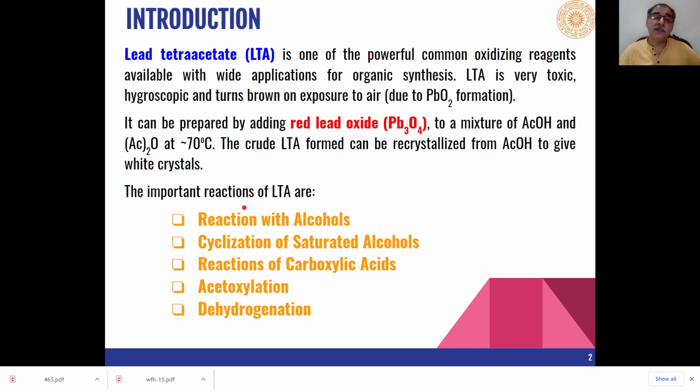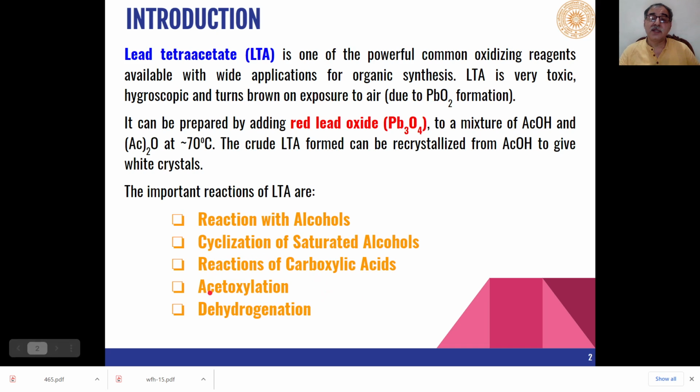The important functional group transformations which take place using lead tetraacetate are oxidation of alcohols, cyclization of saturated alcohols, and reaction of carboxylic acids with lead tetraacetate to give different types of oxidation products.